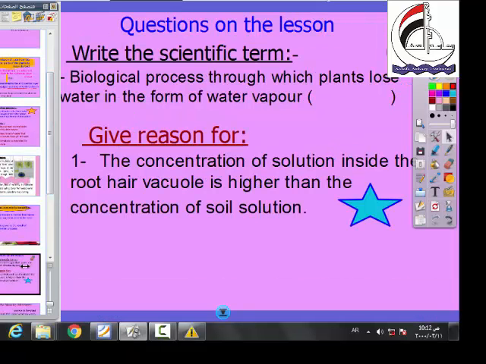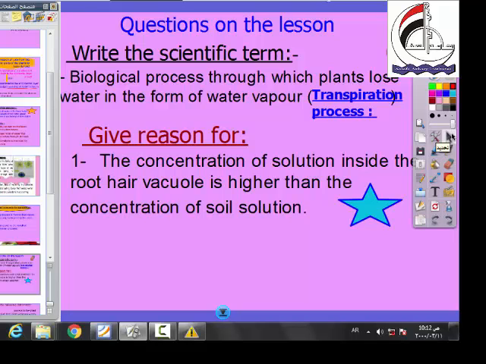Questions of the lesson. Write the scientific term: biological process through which plants lose water in the form of water vapor. Transpiration, excellent.